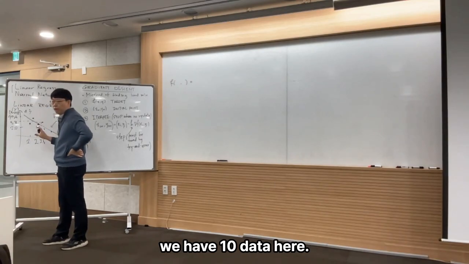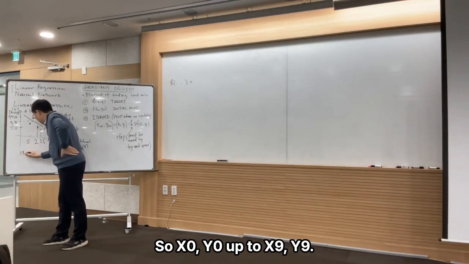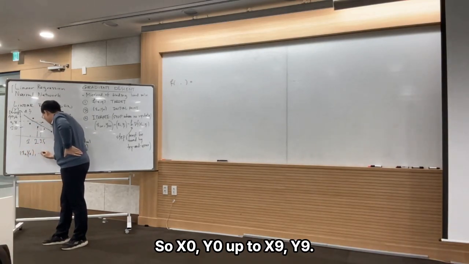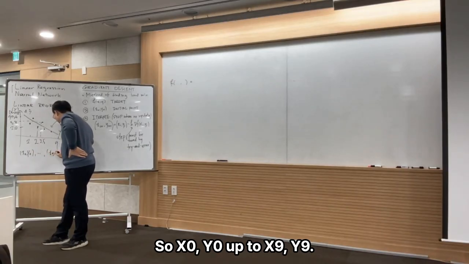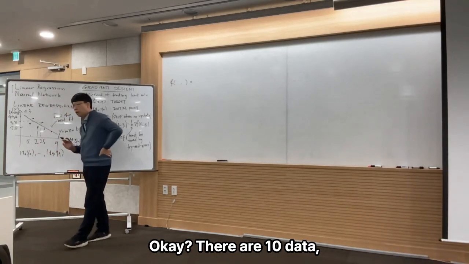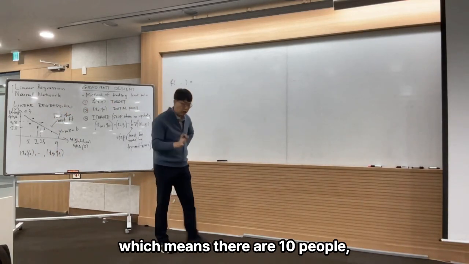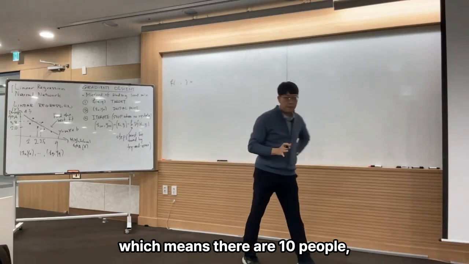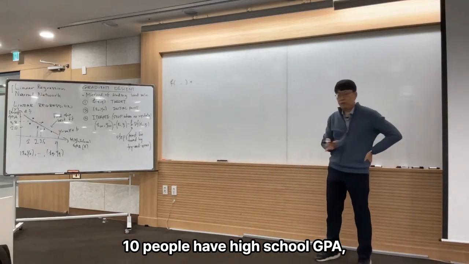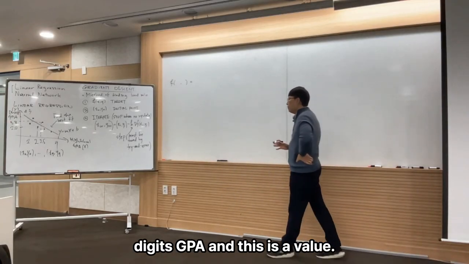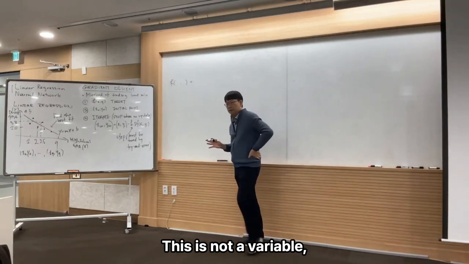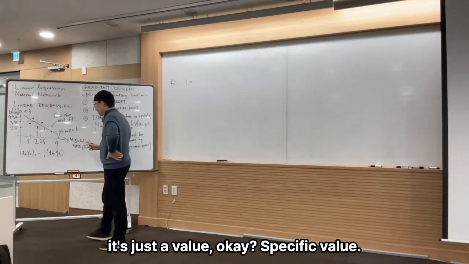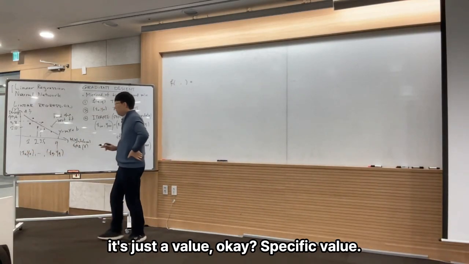Let's say we have 10 data points: x0, y0 up to x9, y9. There are 10 people, and each has a high school GPA and DGIST GPA. This is a value, not a variable. It's just a specific value.